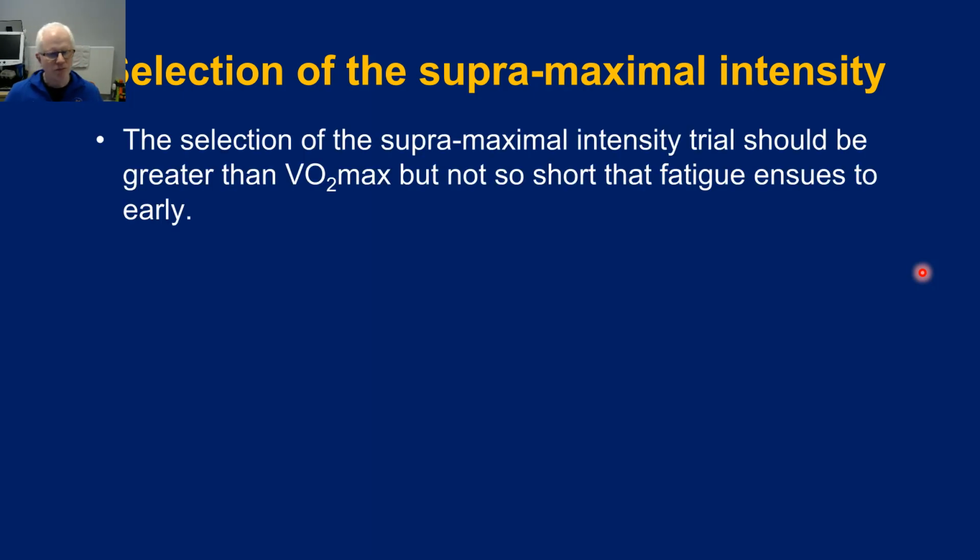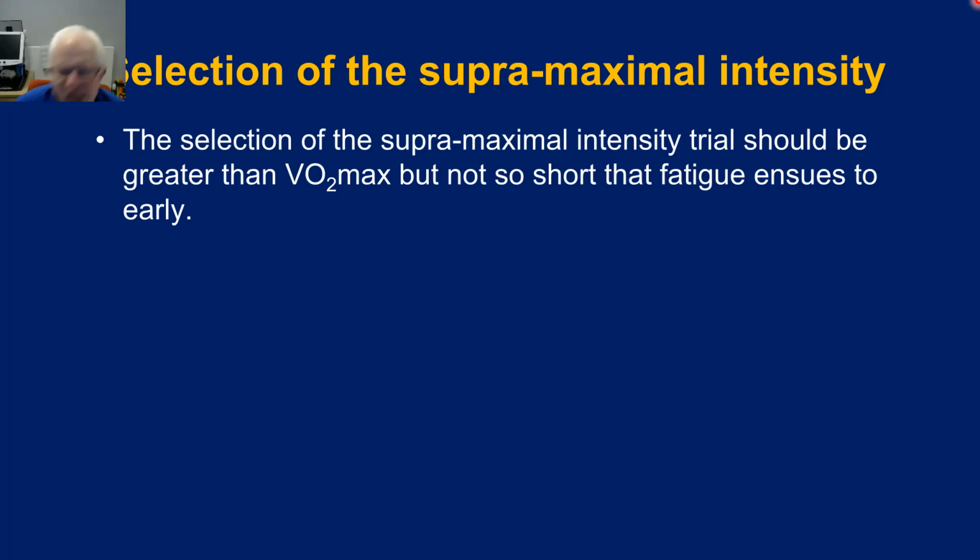Well, it's certainly got to be higher than VO2 max, but it can't be too high. If the intensity becomes too high, I've been referring to the MAOD where they're working at 120% VO2 max, what actually happens is that the participant becomes fatigued. Either they get neuromuscular fatigue because it's just so fast on a treadmill, they can't maintain the speed, or the intensity is so fast that they just can't sustain it metabolically.